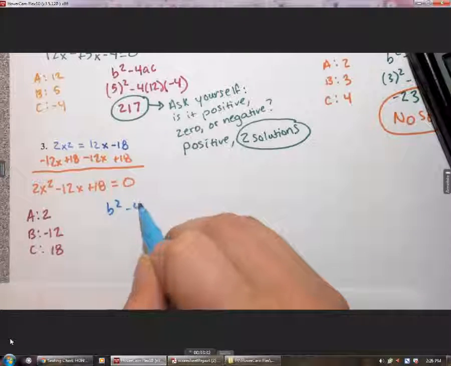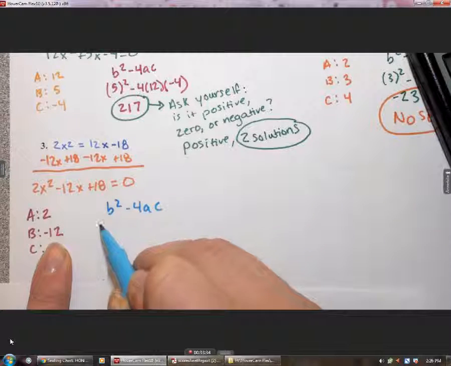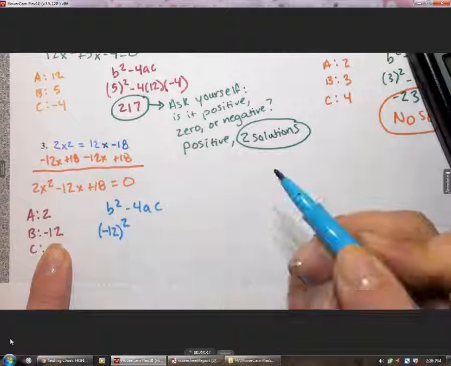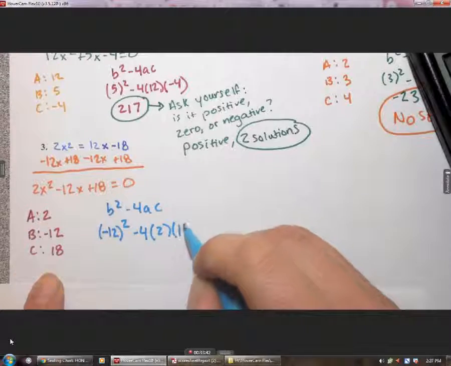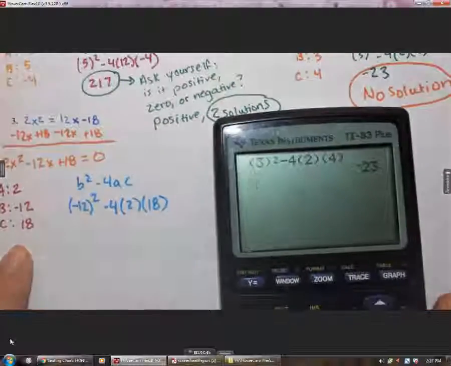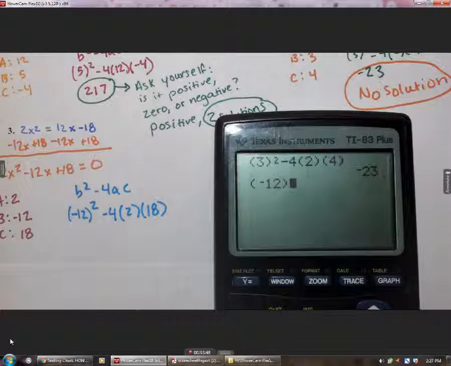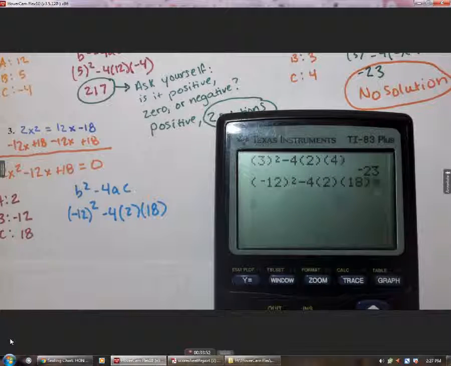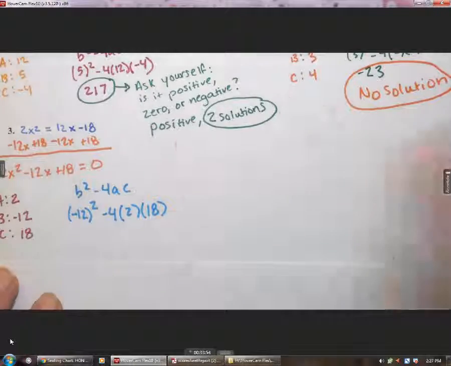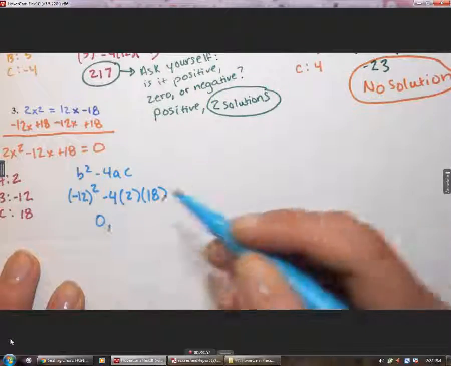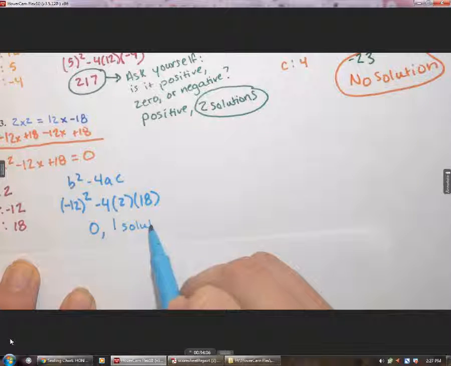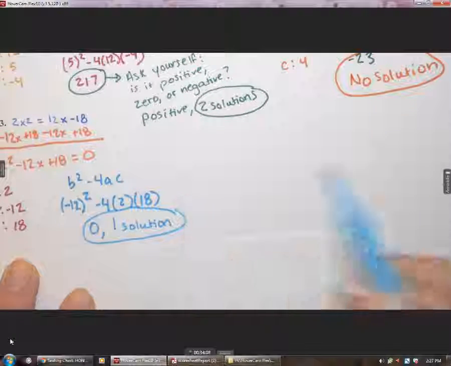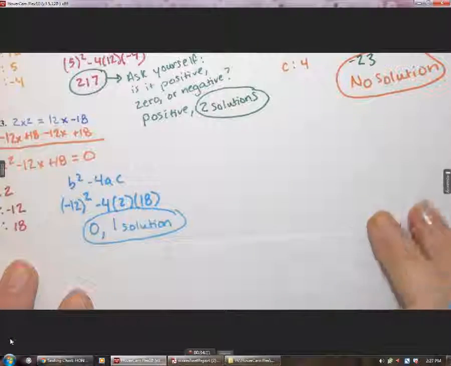Discriminant is b squared minus 4ac. So careful with the b. It needs to be negative 12 in parentheses squared minus 4 times 2 times 18. Negative 12 squared minus 4 times 2 times 18 is 0. For the 0 discriminant, how many solutions? 1. That's it.